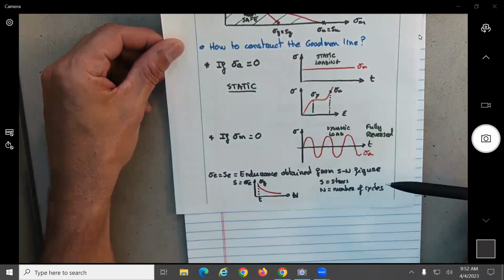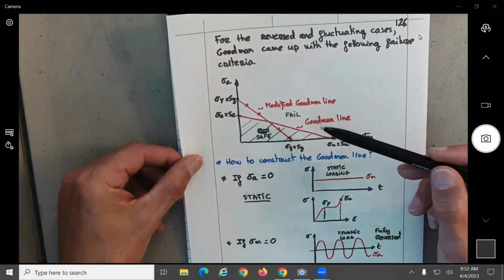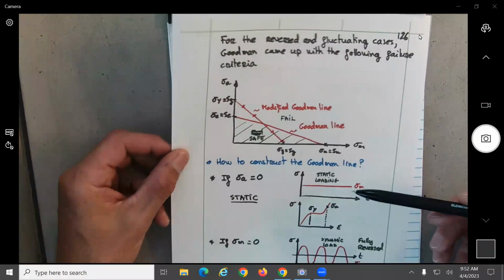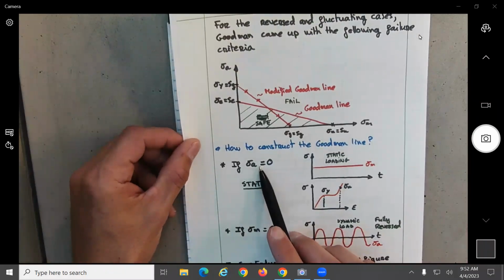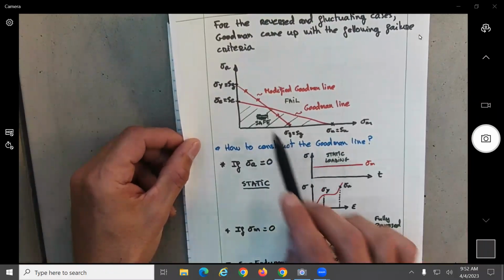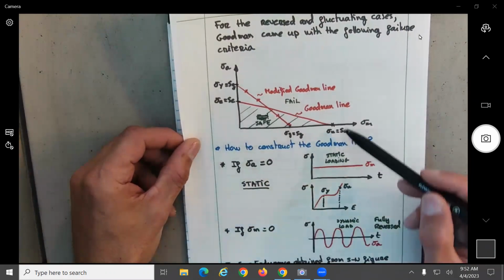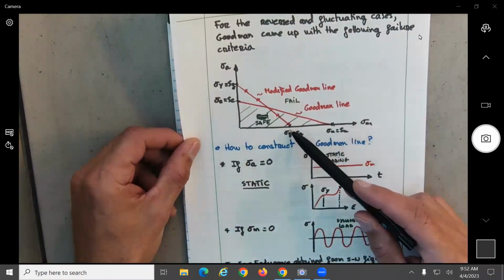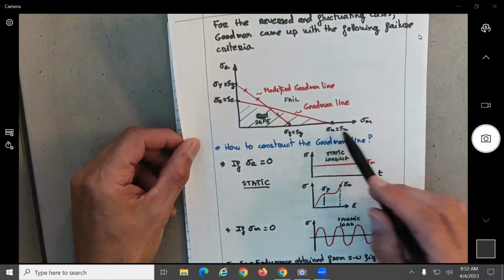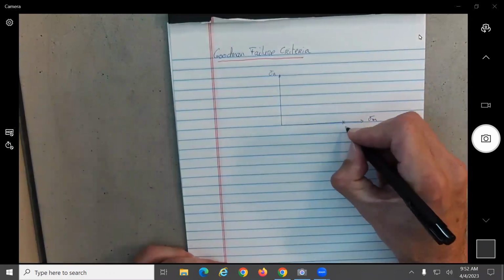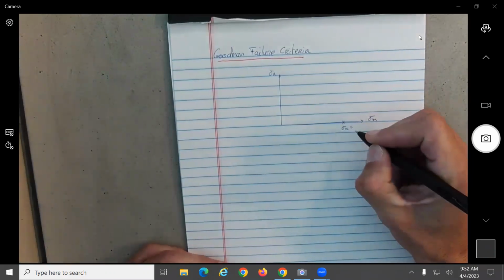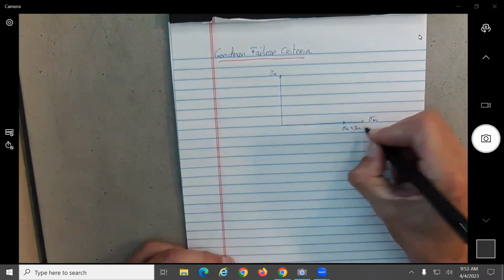All right. So when we created the Goodman line, we said the first case was that if we eliminate the alternating, this is going to break at a certain load that will be given by the ultimate or the yield value, either one of these 2 points. So for the Goodman line, we use the ultimate. We use this notation.